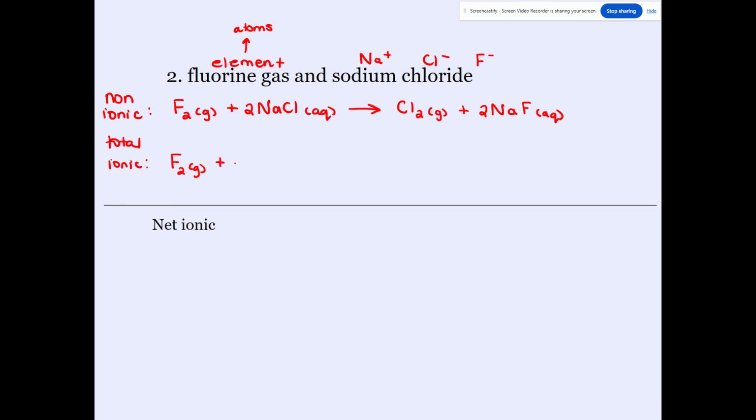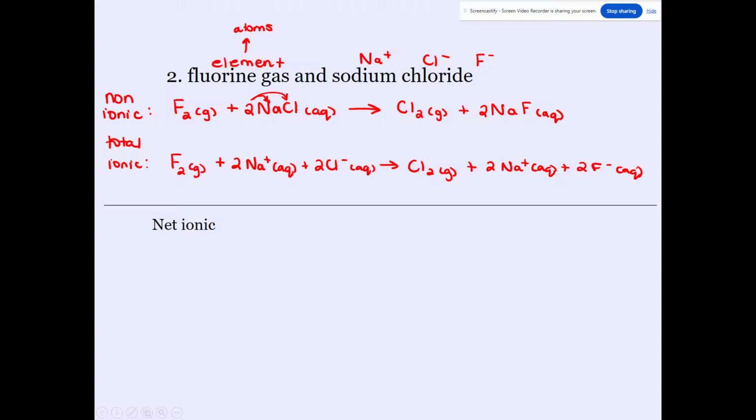So when I get to my total ionic now, again, my element form is not ions, okay? When you have an element, it is an atom. It stays exactly the same. The only time you dissociate and form ions is when you have a soluble ionic compound, okay? So I'm breaking my sodium chloride into 2 sodium and 2 chloride ions, but my chlorine gas, again, is staying a whole Cl2 gas. Again, I have 2 sodium ions now and 2 fluoride ions because it was a soluble ionic compound.